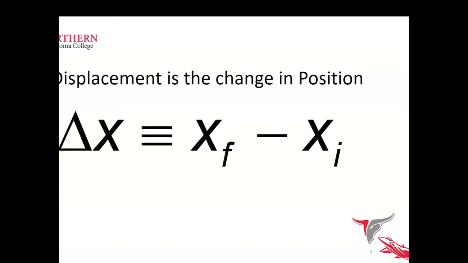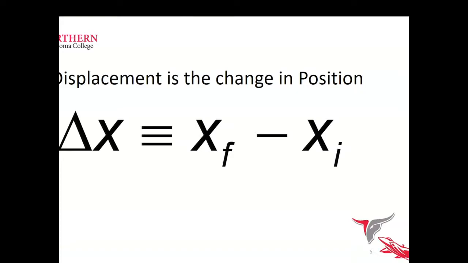So my displacement worries about start and stop. We can kind of look at displacement as a state function. Everybody remember Hess's law. It doesn't matter where I started, it just matters where I finished and where I started. Doesn't matter whether I went 5 different ways to get there or if I just went straight there. Hess's law is a state function. So displacement is considered a state function.